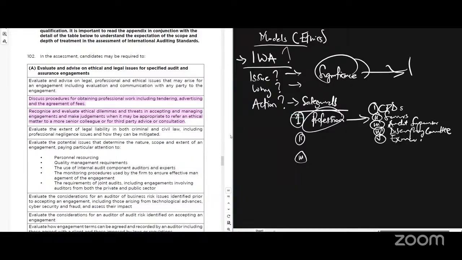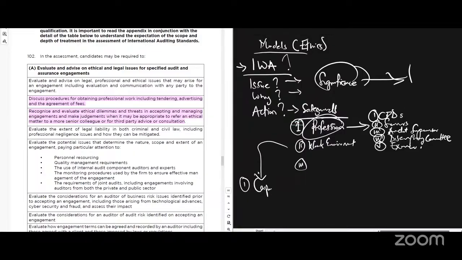Two, the safeguards provided by the work environment. So in the client work environment or the audit firm itself, there are some safeguards. Like what? Corporate governance. If we have proper corporate governance procedures, then people cannot easily mess up.